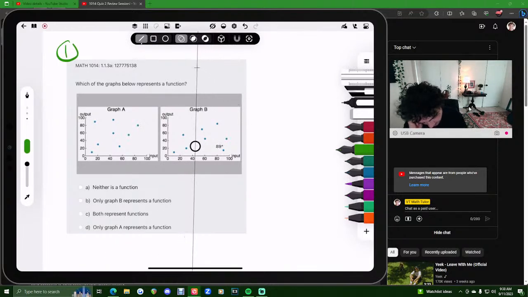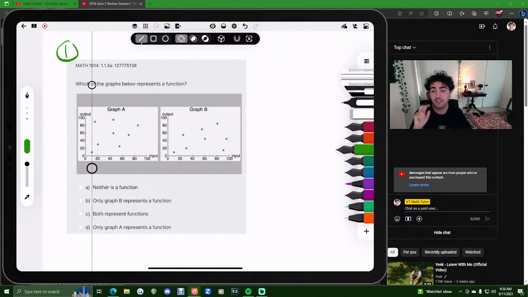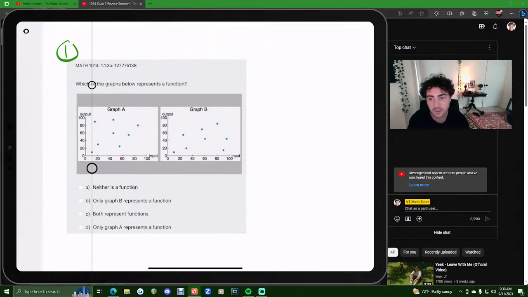It's basically saying if we scan through graph A with a vertical line, what we're checking for is, are there any two or more dots lying on the same vertical line? In other words, is there one x value creating two y values?